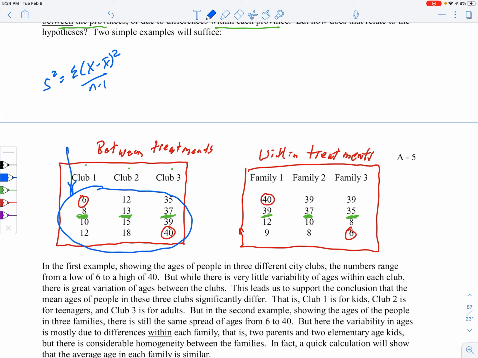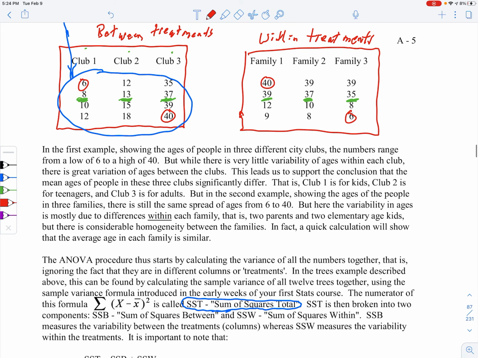So that would be the sample variance of all of these numbers here. What we're going to do is just take a look at the numerator, and we're going to call that thing SST. SST stands for sum of squares total. So you can see this is just the numerator of the sample variance.